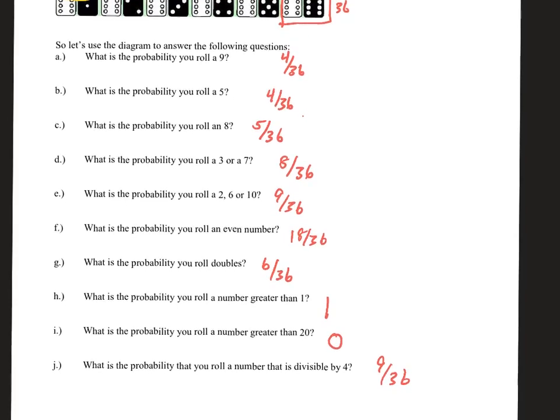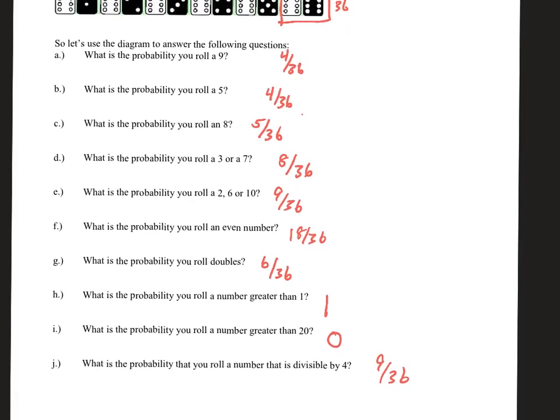So here are your solutions. I notice I did not reduce any of those fractions. It's not necessary to reduce the fractions. If you want to, you can, but it's not necessary. Sometimes it might make sense to reduce a fraction. For example, the probability of rolling a 5, letter B, is 4 out of 36. That reduces to 1/9.